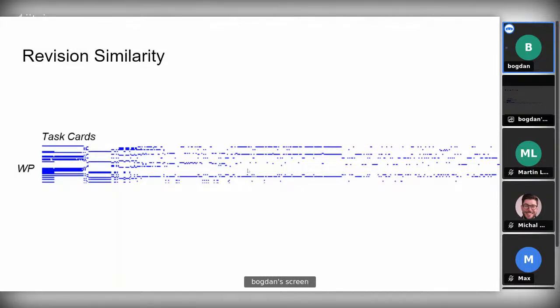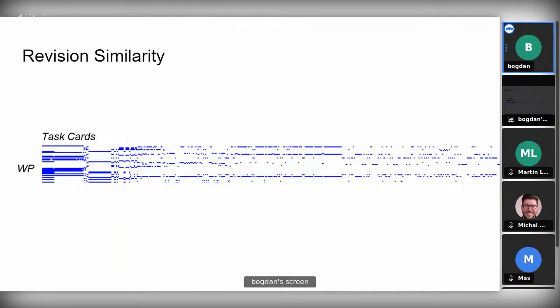They're ordered alphabetically, let's say, and we can see that there are streaks where we have similarity. So you can see here, for example, this line is kind of similar to this line, which means that these two work packages have similar tasks.